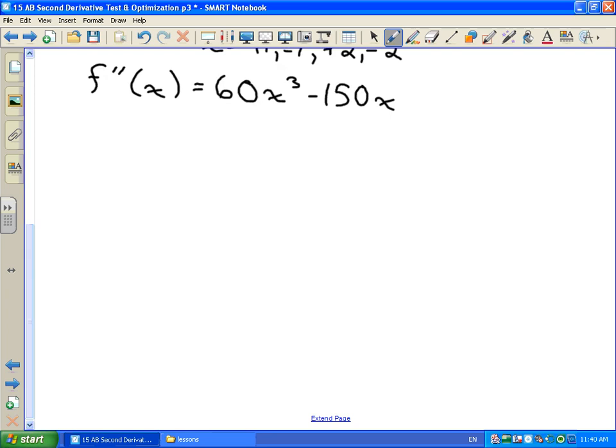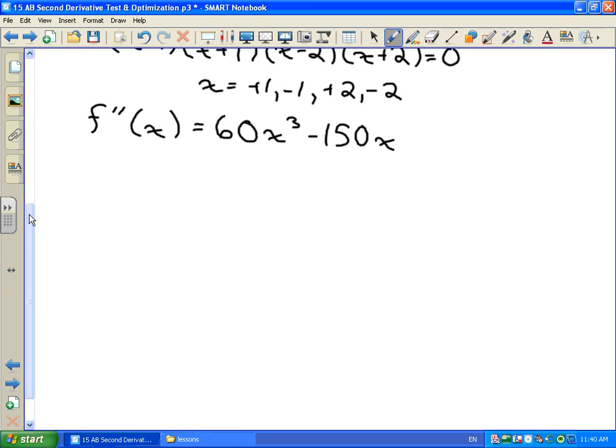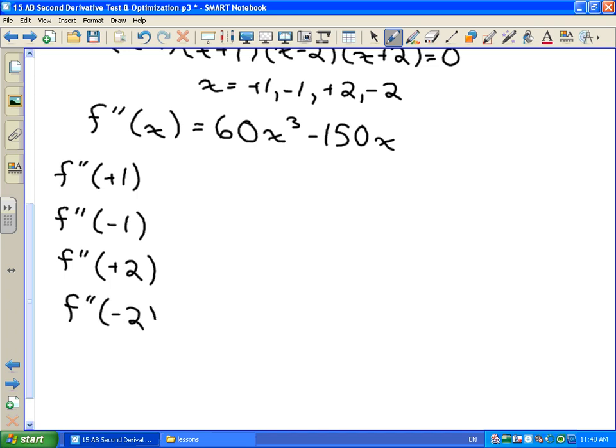And what we want to do is evaluate f double prime at each of those critical numbers. So we'll evaluate it at +1, -1, +2, and -2.